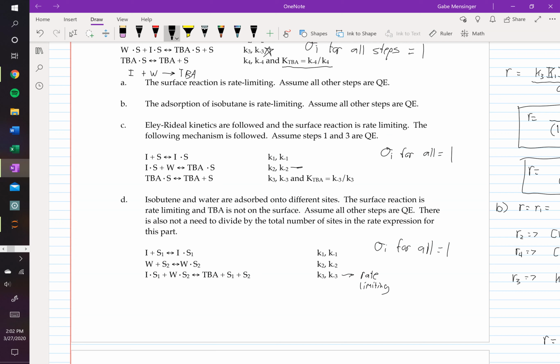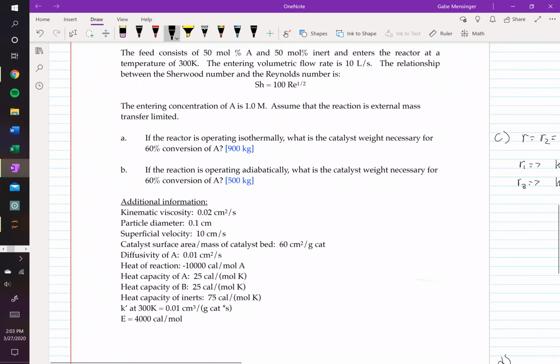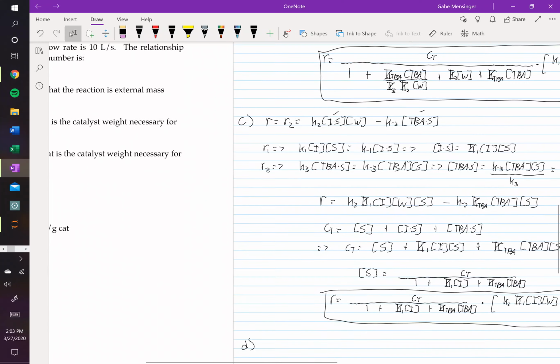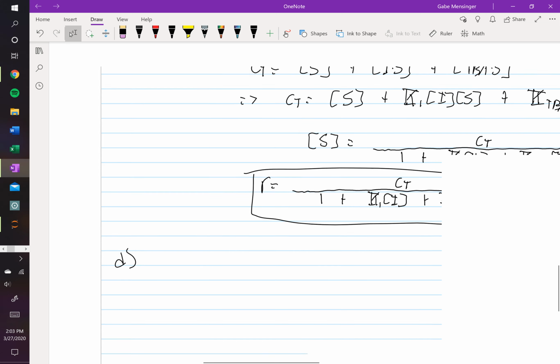But now we have two different sites. We have an S1 and an S2. And that will change slightly how our rate expression will look.